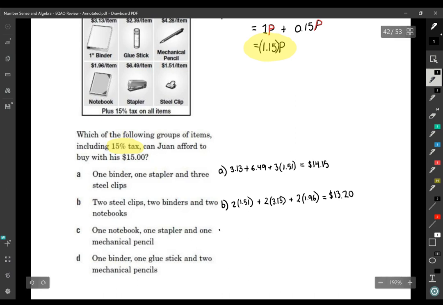Hopefully I got that calculation right. C: 1 notebook, that is $1.96, plus 1 stapler, that is $6.49, plus 1 mechanical pencil, that's $4.28. That's going to give us a before-tax price of $12.73.